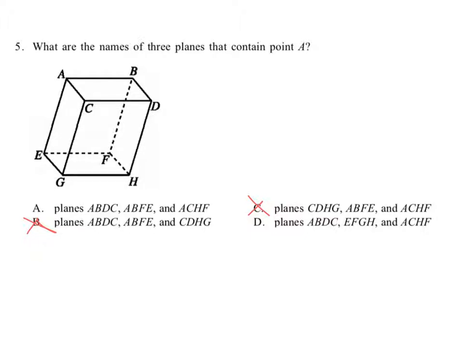We can see that that does not contain A, so we already know that we're going to be able to eliminate choice D as an option because that's got, let me circle the ones that preclude us from including it. Okay, we know that this one doesn't contain A. This one doesn't contain A, and E, F, G, H doesn't contain A. So that's the reason why we can't use those.